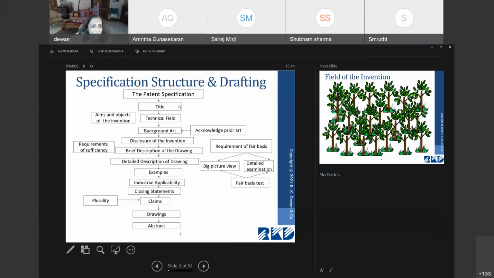So here you see there's a title, then a field, then we talk about the background art, then we may acknowledge some prior art if we are aware of it and want to talk about it. Then there is a disclosure of the invention. Then we have a brief description of drawings, detailed description of drawings. We would give some examples.